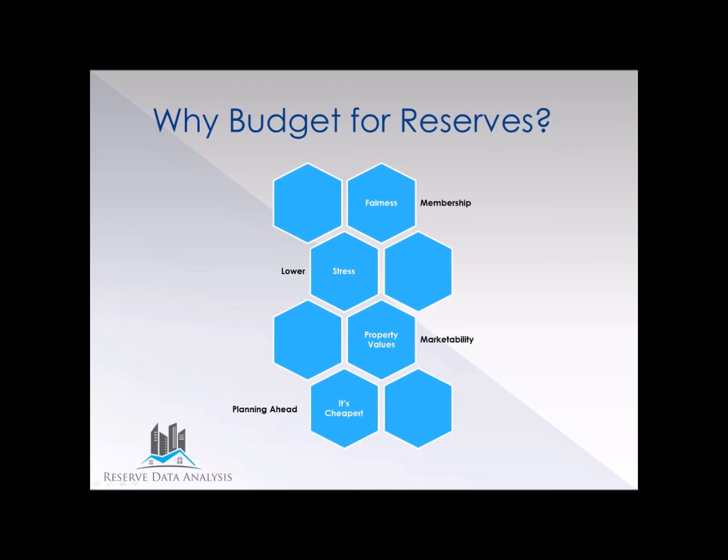Loans are extremely costly. You may pay 1.5 times what the actual cost is after you pay all the interest and whatnot on the loan. So extremely costly and extremely difficult for a community to pay for a loan, as well as try to get on a sound financial footing. Very difficult in that scenario.